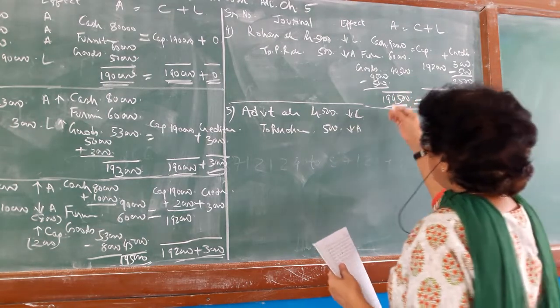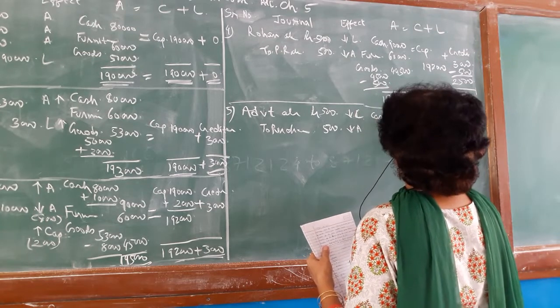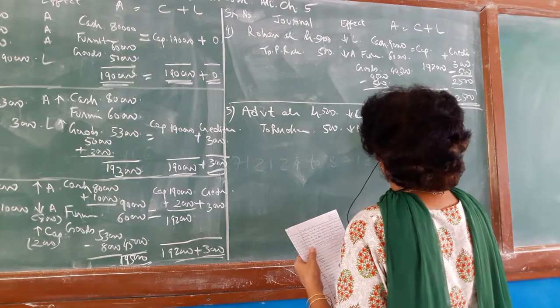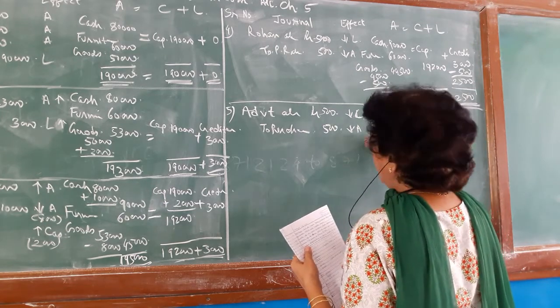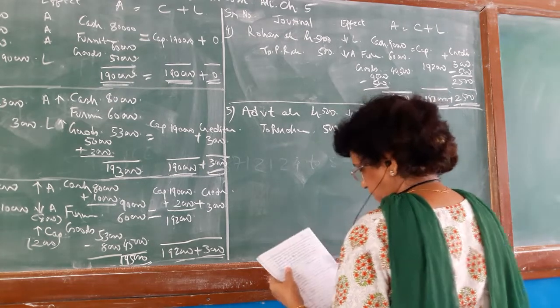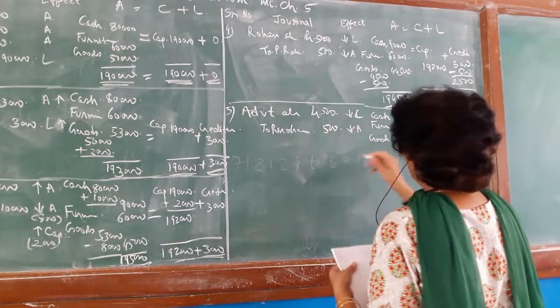So let us show it in our accounting equation. Cash remains the same, there is no effect. Furniture remains the same, there is no effect. You have the goods, that what you are giving of 1,500.